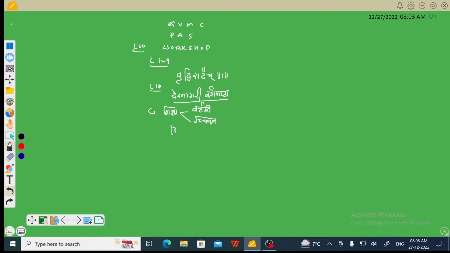And then at next step, we will be going to the help of Maheshwara Sutras. And here we shall have a Diksha.